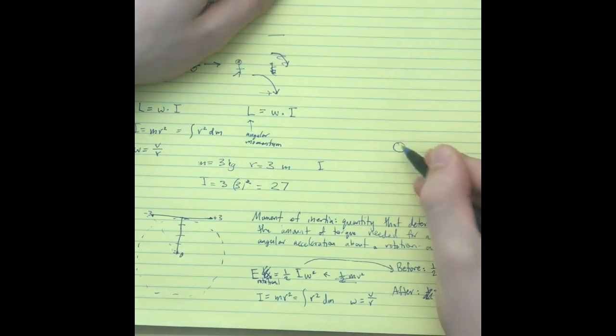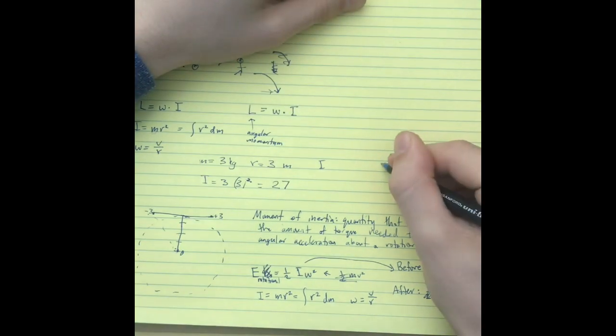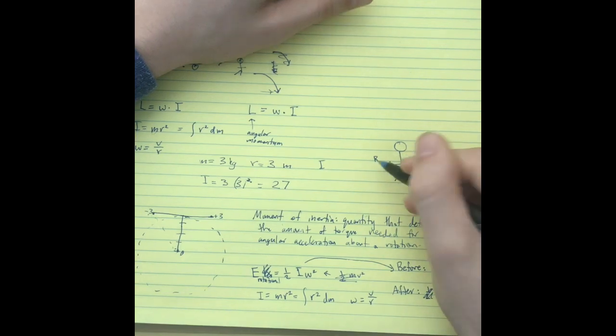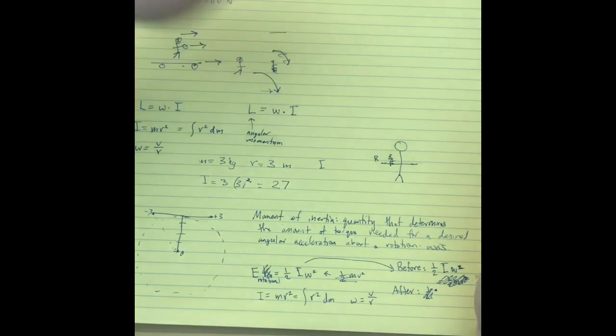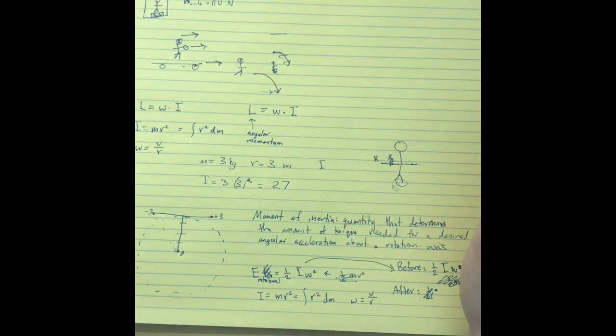Let's say, for example, a skater, whose angular momentum is considered with radius r, and then if they bring their arms in and make it radius r/2. And they're spinning in circles, of course.